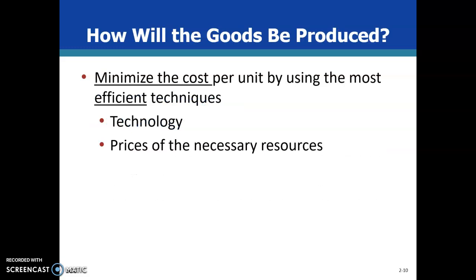When we talk about how the goods will be produced, this becomes something that largely the producers decide. They are in charge of how the goods are actually going to be made. Usually businesses have one thing in mind. They're going to make the product the best they can.